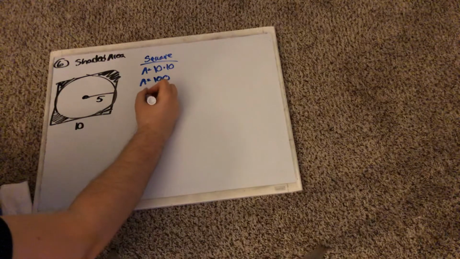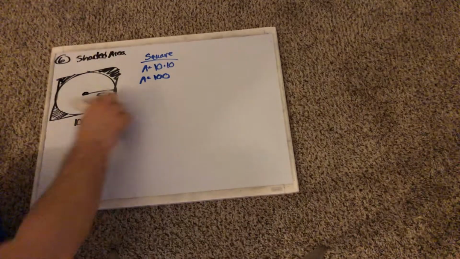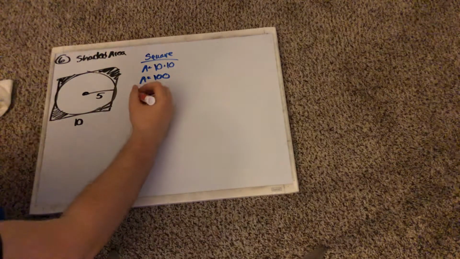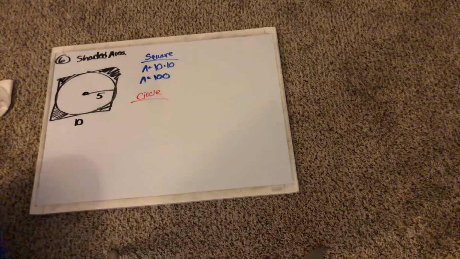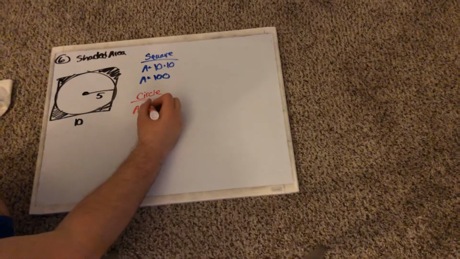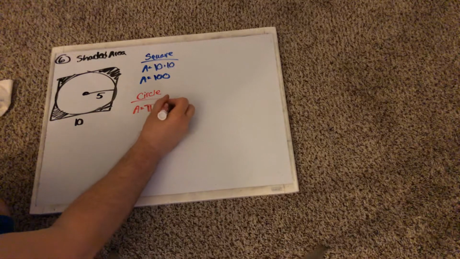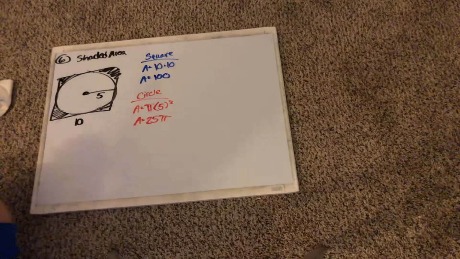Alright, circle. I don't want to do blue. I already did that color. Let's do red. Circle. Find the area of a circle. We know it's pi r squared. So pi 5 squared. Area is 25 pi. Awesome.